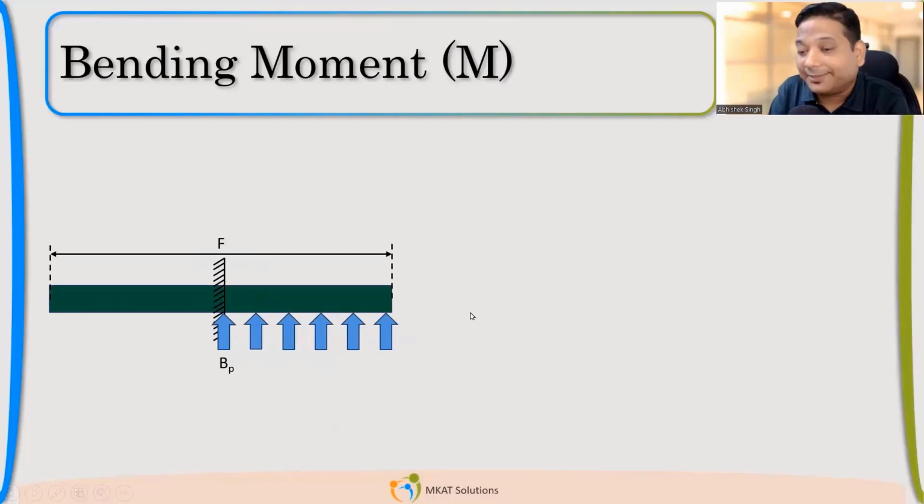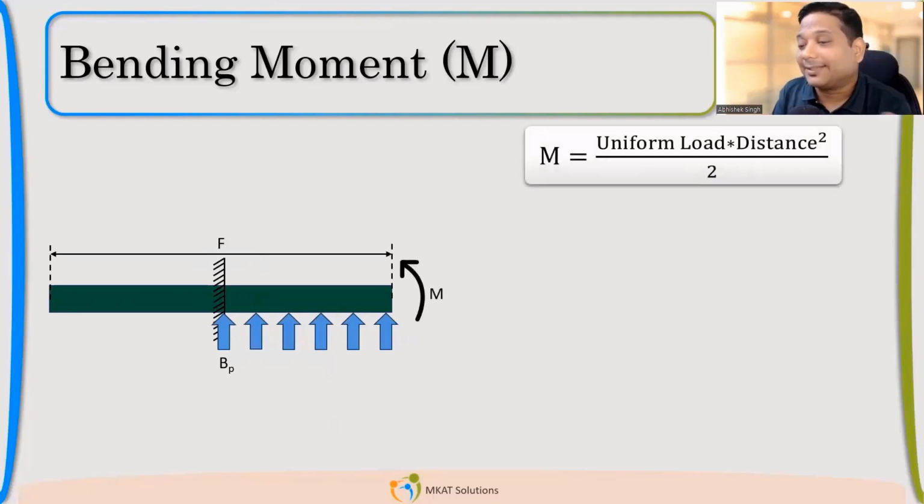Now, once I have that, I can apply the moment formula for a typical beam with uniform load. The distance is nothing but F by 2. So uniform load into distance squared divided by 2. That is the moment created by a uniform load on a cantilever beam.